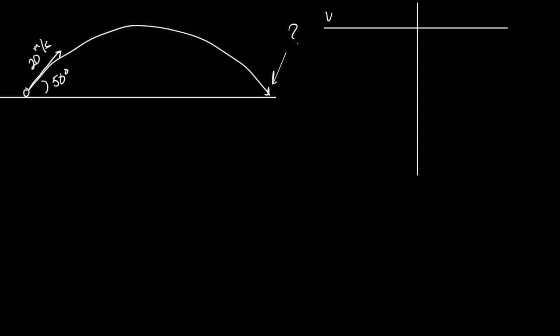So I'm going to start with a vertical and horizontal side. The vertical side is the one that's going to have all of your motion variables in it: delta y, vy initial, vy, a, and t. And the horizontal side experiences no acceleration, so it's just going to be delta x, or range, Vx, which stays the same because there's no acceleration, and t.